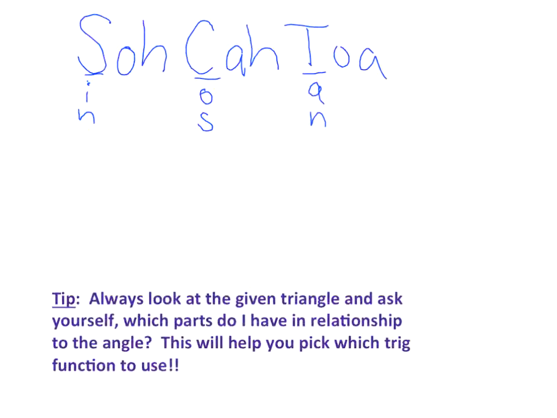The other little letters stand for the sides of the triangle that we're talking about today. Anytime I see an O, O means opposite. Whenever I see an H, H means hypotenuse. Where you see an A, it stands for adjacent.